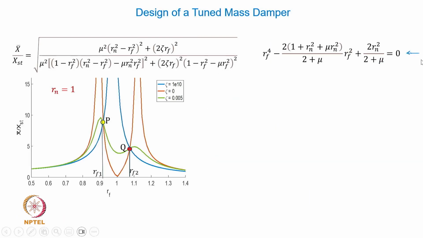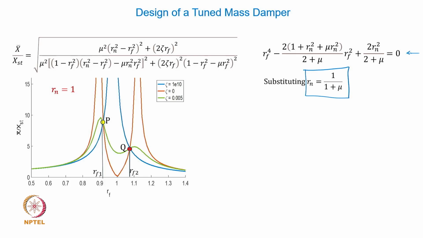So if you solve this RF, but now in the expression what I'm going to use is that I'm going to now substitute for a tuned natural frequency ratio. So now Rn is not arbitrary Rn. Rn is being forced to have a value of 1 over 1 plus mu.